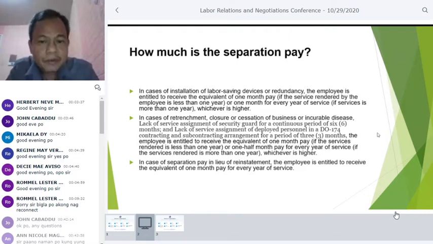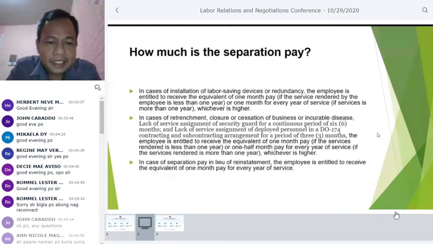Okay? Now, doon sa isa naman, halos ganun din. Kapag walang service assignment si agency under Department Order 174, doon sa kanyang mga contractual or subcontractual personnel sa loob ng 3 buwan, then dapat silang bigyan ng separation pay.